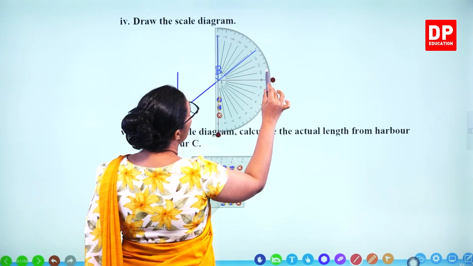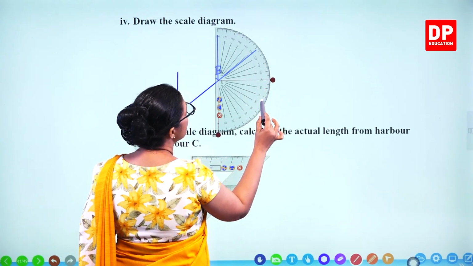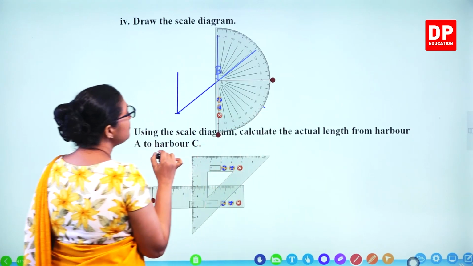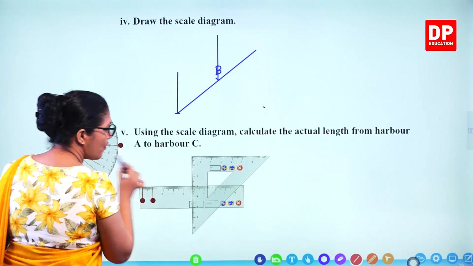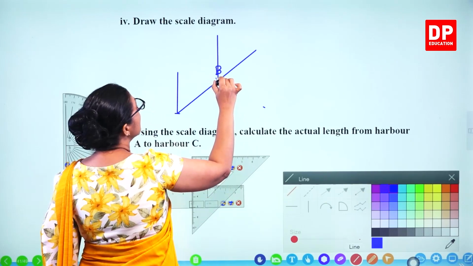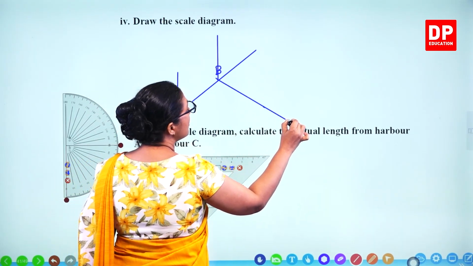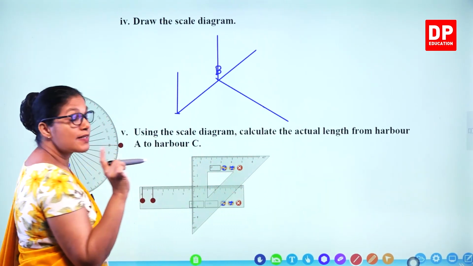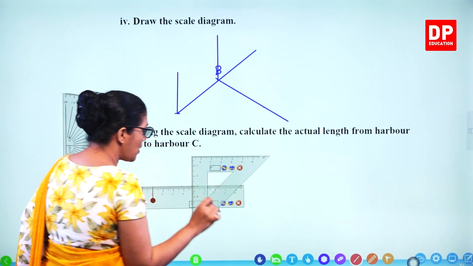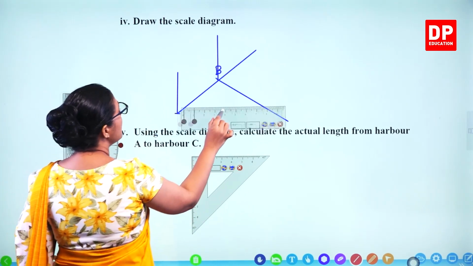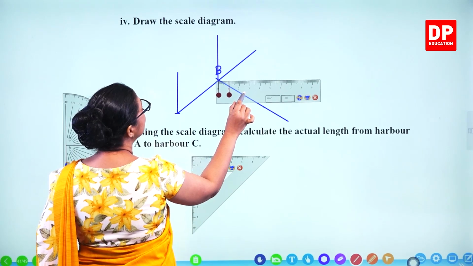So here 100, 110, 120, 130, 140. So here. Now we can draw that line from here. Now how many centimeters? 6.5 centimeters we have to measure. So we'll take from here.